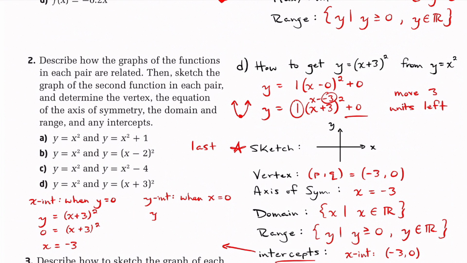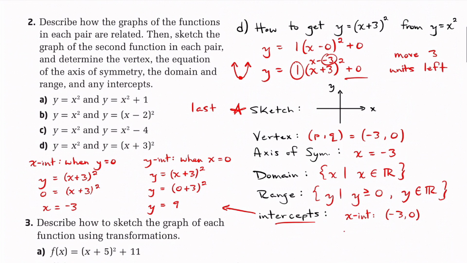So start with our function, and then change x to be 0. And 0 plus 3 squared is just equal to 9. So our y-intercept is at 0 and 9. X is 0, y is 9.